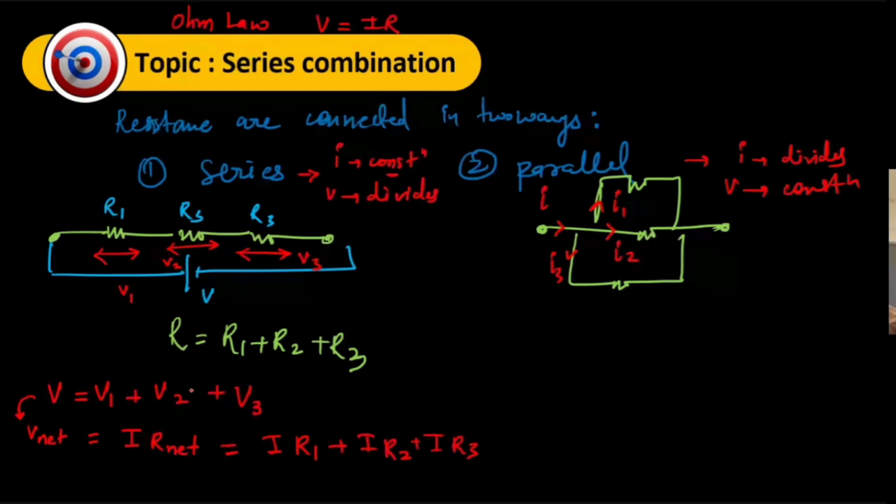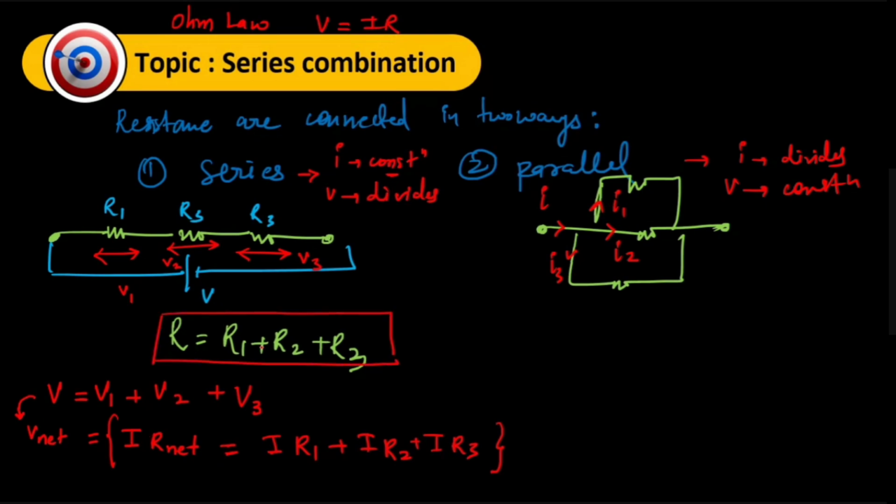When you solve this equation and cancel out that I, you'll get R in series is nothing but R1 plus R2 plus R3. That is its value in series.